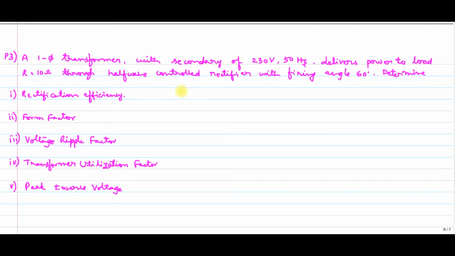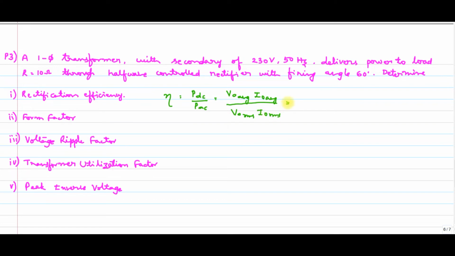Rectification efficiency is equal to P DC divided by P AC. P DC is equal to V naught average and I naught average. P AC is V naught RMS and I naught RMS.